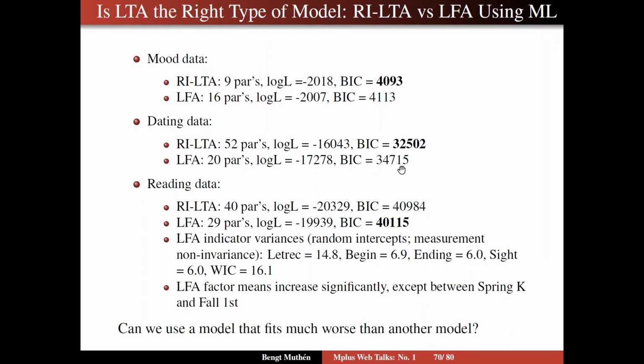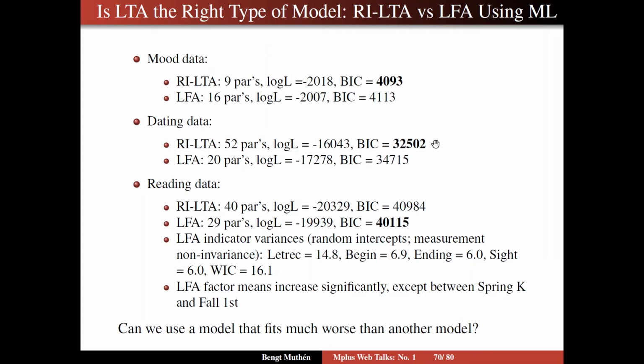And you see that you're then punished for the worse log likelihood value despite having fewer parameters, in that BIC is considerably worse than the RI-LTA BIC. So I bold the best BIC values here. So for both the mu data and the dating data, we go with the RI-LTA model and not the LFA model.